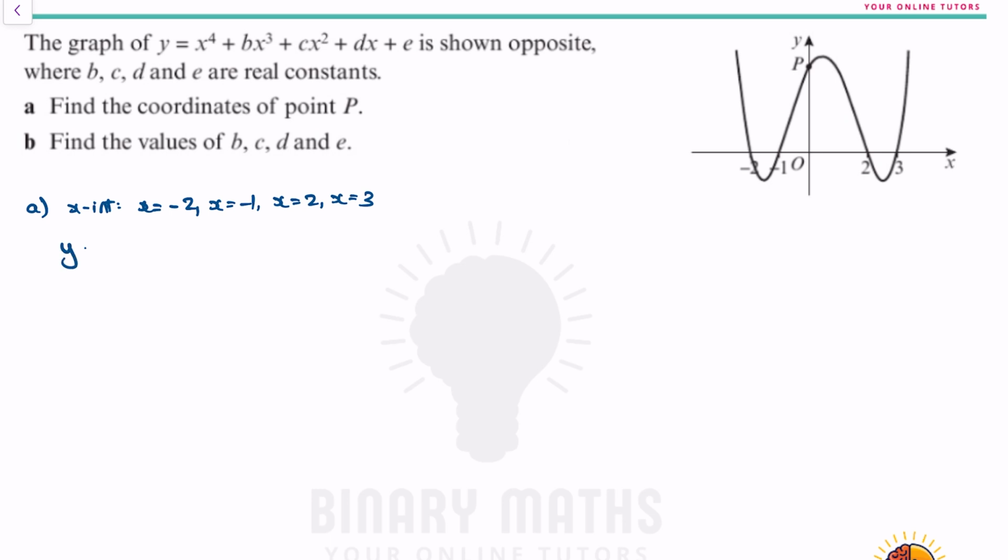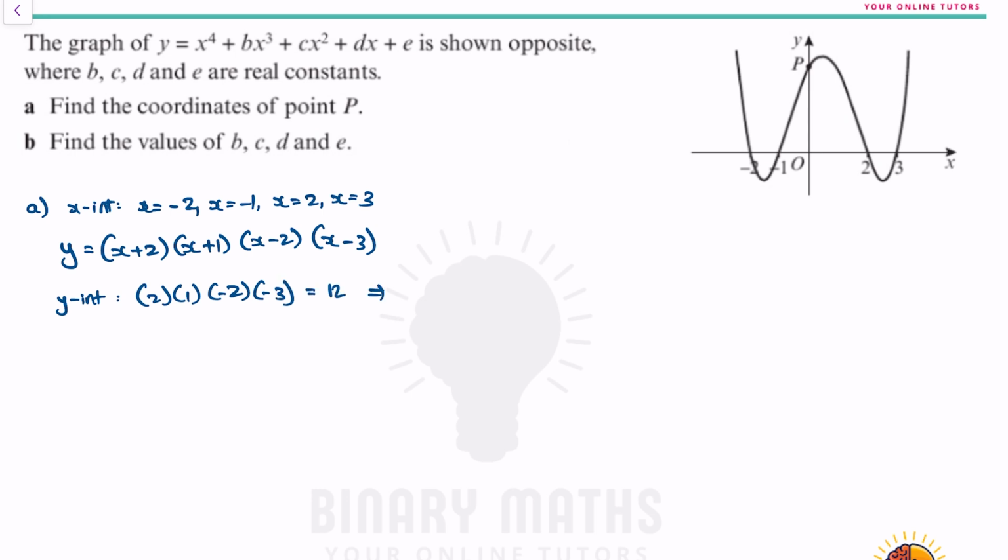It means y must be equal to x plus 2 times x plus 1 times x minus 2 times x minus 3. So if I find the y-intercept, I'm going to do 2 times 1 times -2 times -3, which gives me 12, which implies y equals 12 is my y-intercept, which means my point P must be equal to 0, 12.